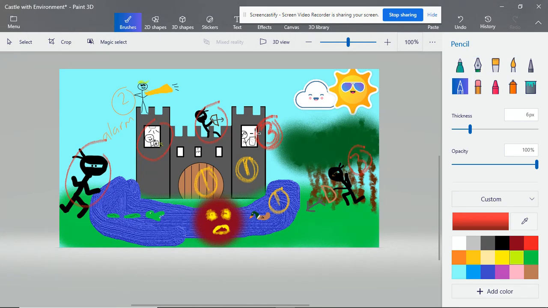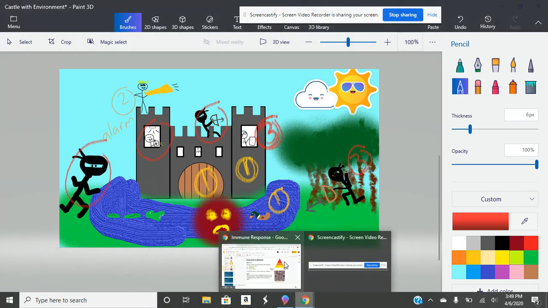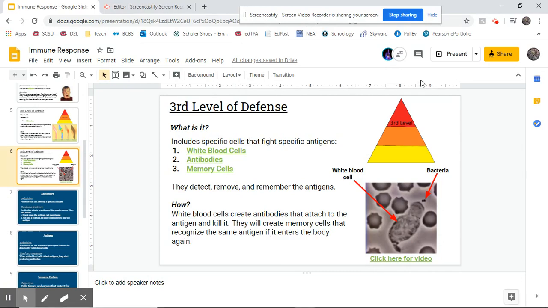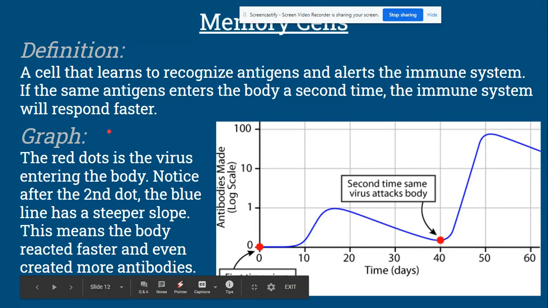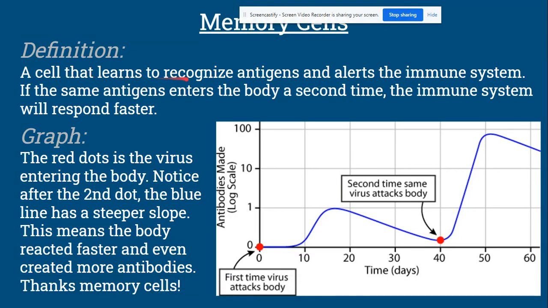They want to know everything about it so they can alert the immune system what's going on when this pathogen enters the body the second time. Our memory cells are cells that learn to recognize antigens and alert the immune system.